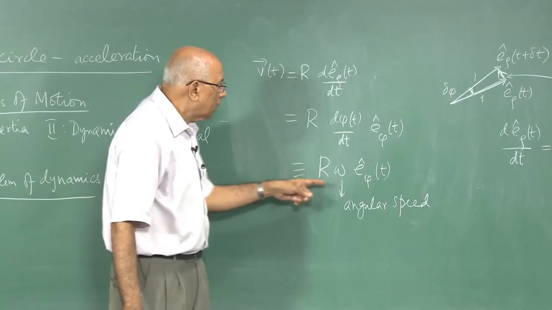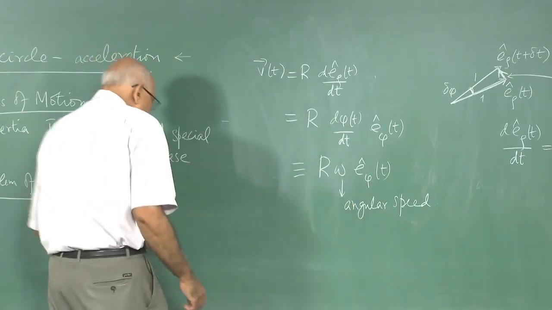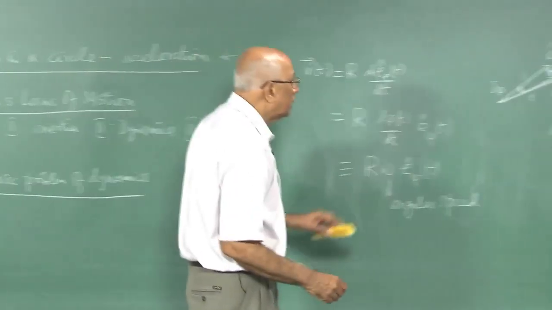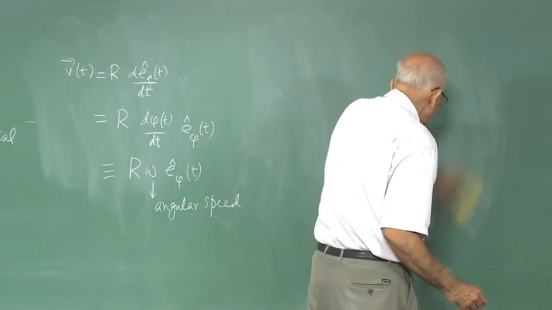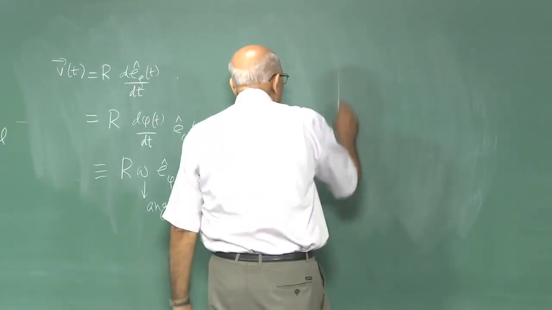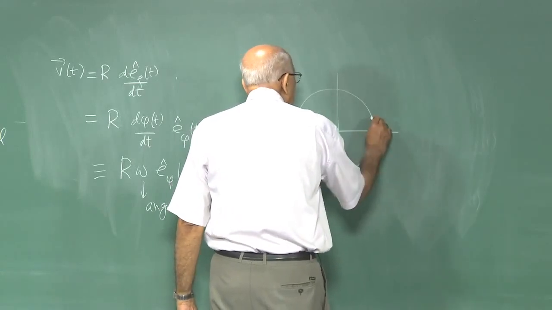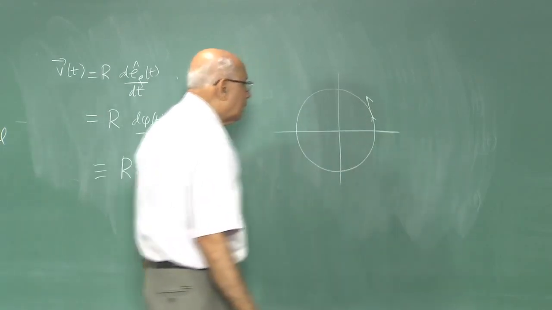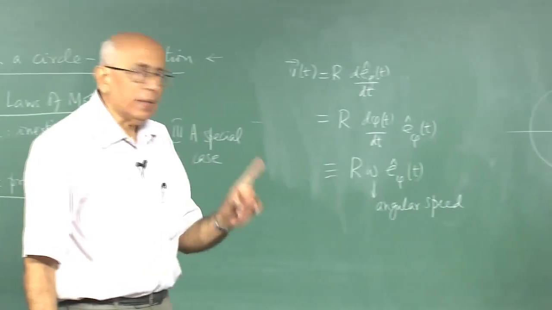V of t is always tangential, that is obvious because when you move in a circle, the instantaneous velocity is always tangential to the path of the particle. So again, there is the path of the particle, and at any instant of time the instantaneous velocity is tangential, along E phi.